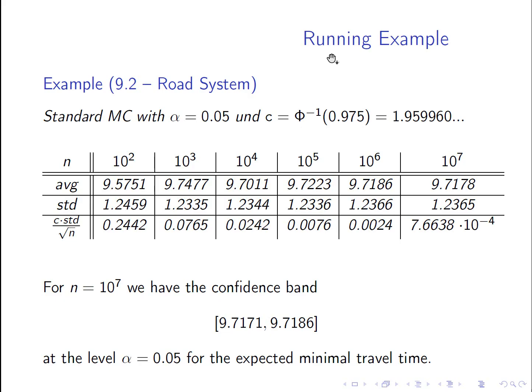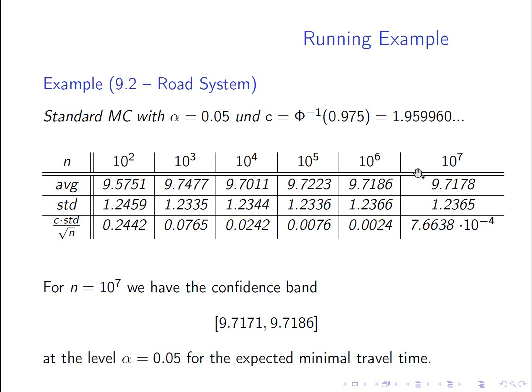Okay. So here's another one of our running examples of the road system, and here, again, n varies between 10 to the power 2 and 10 to the power 7, and here are the values for the average, which estimates the expectation, and here are the values for this empirical standard deviation, which estimates the real standard deviation.